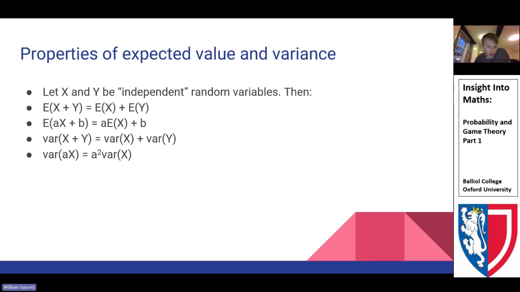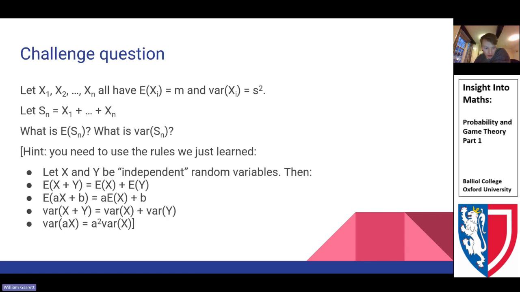Okay, cool. So first of all, we're going to do some exercises that use these properties, which I'm going to copy onto the next slide as well. So we're going to have a sequence of random variables. You can think of these as separate rolls of dice or separate spins of the roulette wheel and so on. They're all going to have the same distribution, so we're using the same roulette wheel.